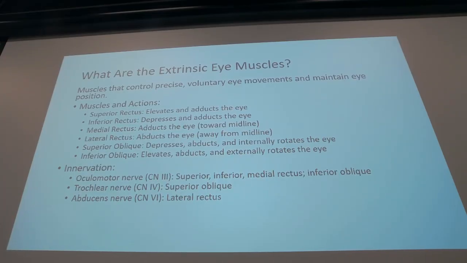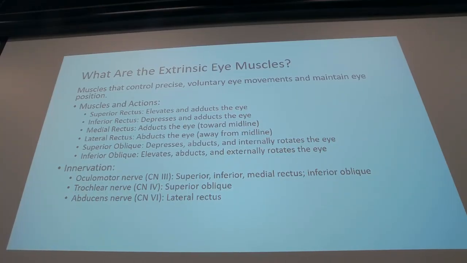And then we have cranial nerve 4, which is called trochlear nerve. That innervates the superior oblique.